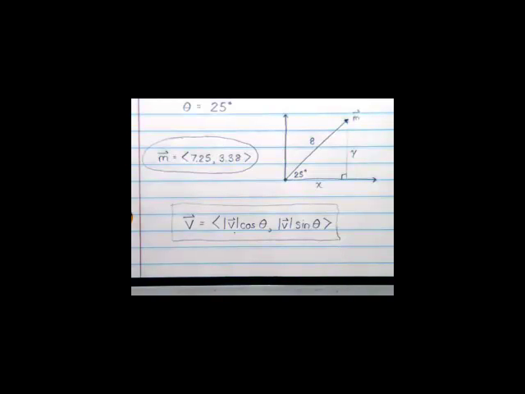All right, I'm going to let you guys practice this just a little bit, okay? I'll give you a couple of vector situations where I give you the magnitude and direction, and you tell me what the component form is for each.